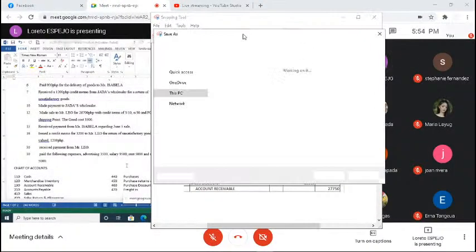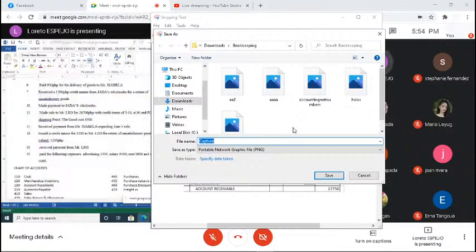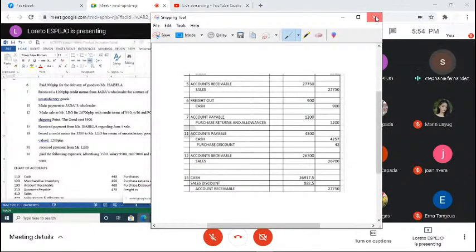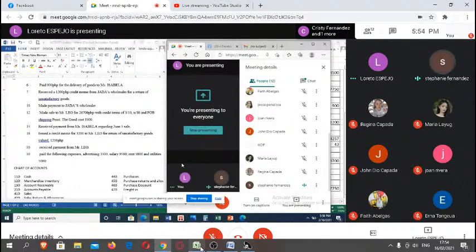June 12. Miss Stephanie, can you do June 12 again? June 12. Made sale to Mr. Leo for 26,700 pesos with credit terms of 3/10, N/30 and FOB shipping point.